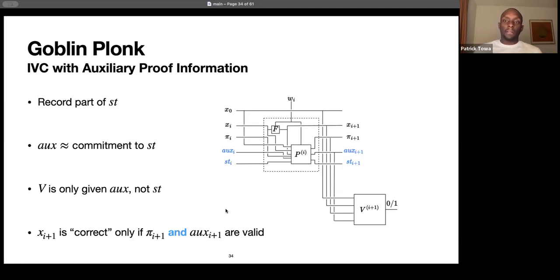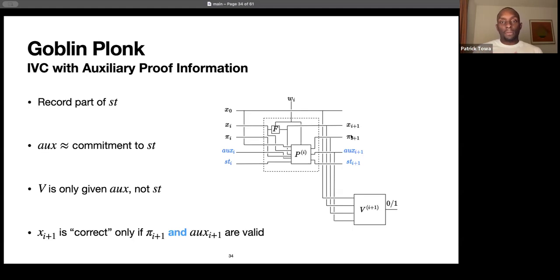So when I give you an IVC proof, pi i plus 1, you are not completely guaranteed that xi plus 1 is correct. You're guaranteed that xi plus 1 is correct only if the proof is correct, but also the information in the record is correct, that the operations in the record are also correct.